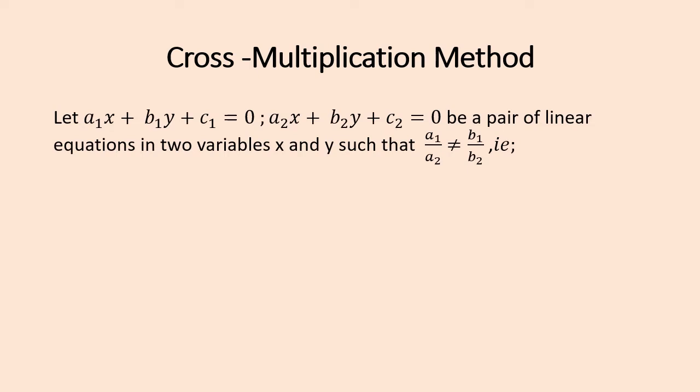Cross multiplication method. Let a1x plus b1y plus c1 equal to 0 and a2x plus b2y plus c2 equal to 0 be a pair of linear equations in two variables x and y such that a1 upon a2 not equal to b1 upon b2.